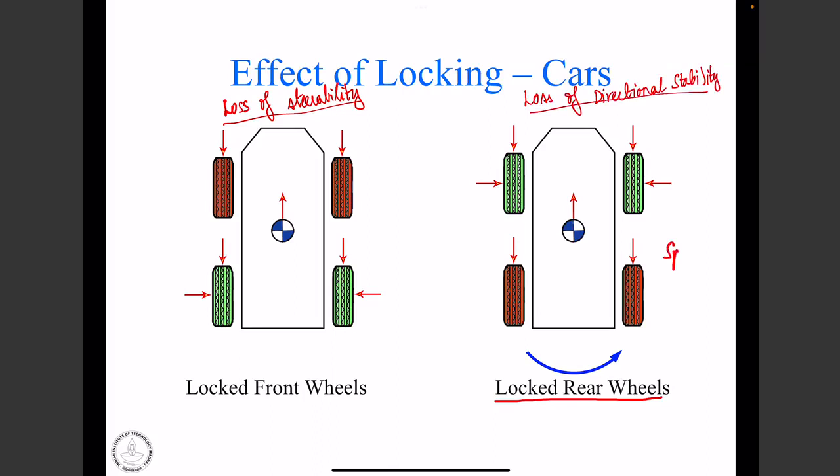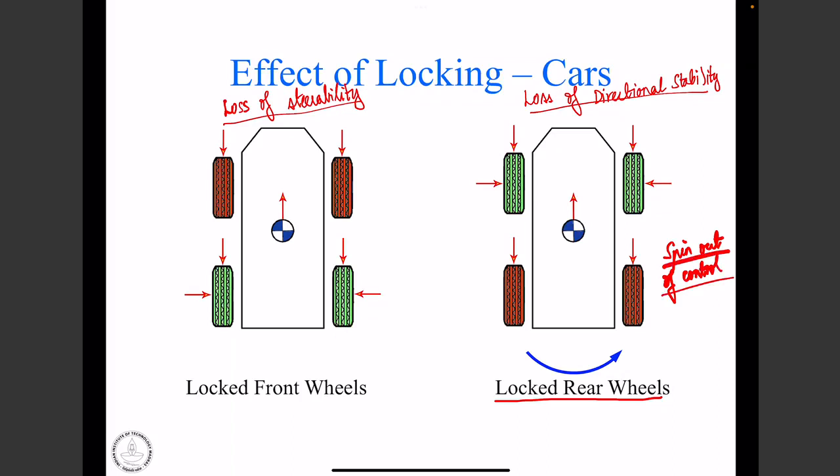So this is more dangerous, and that's why we want to avoid rear wheel lock at any cost. Ultimately, wheel lock in both the front and rear wheels should be avoided. But if you can prevent wheel lock in only one, which would you choose? I will always choose the rear wheels; it should be ensured that the rear wheels never lock.